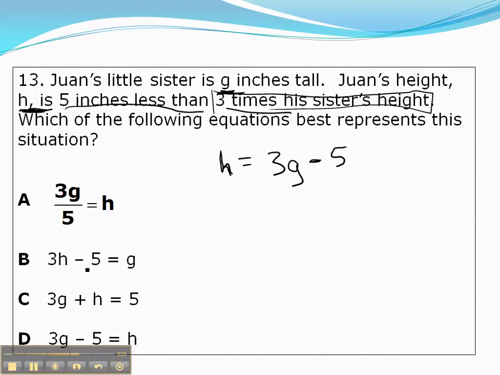G equals 3h minus 5. That doesn't look right. 3g plus h equals 5. That's not right. H equals 3g minus 5. So that's our equation just moved around. We have this 3g minus 5 equals h. That's equivalent to our equation. So D is the right answer choice.